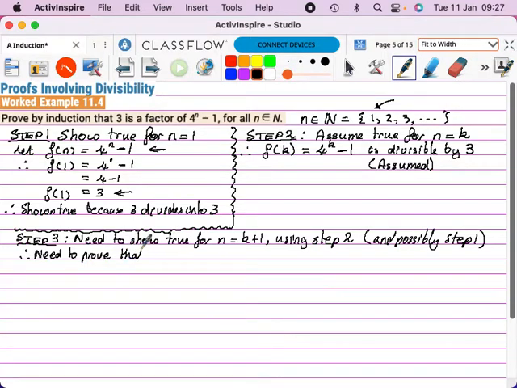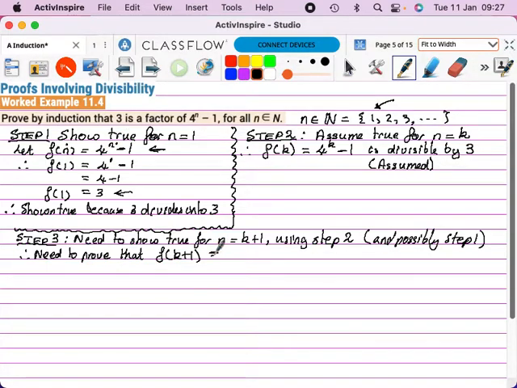that f of k plus 1, because we are going to replace the n with a k plus 1 now, so we replace this n here with a k plus 1.